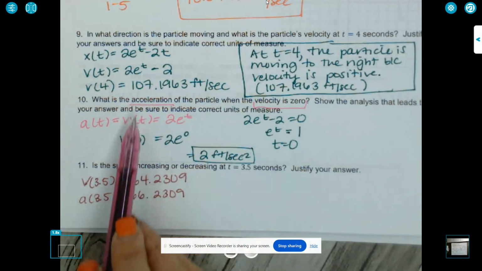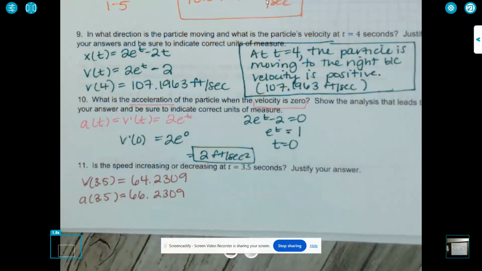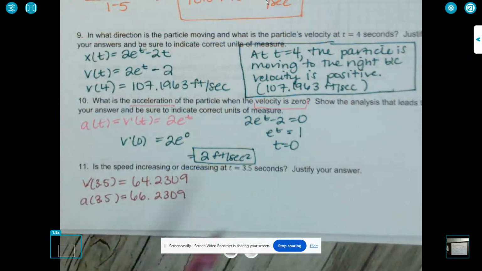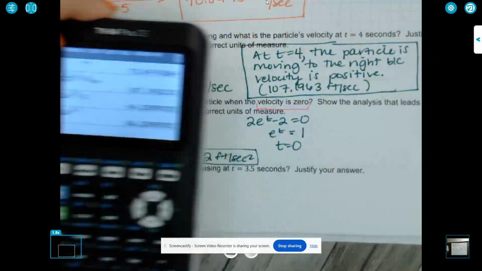Okay, so I could just do v of 3.5 there, which is where I got the 64.2309. And then our acceleration is just 2e to the t, which is 66 point something. So I just calculated those using their respective formulas.